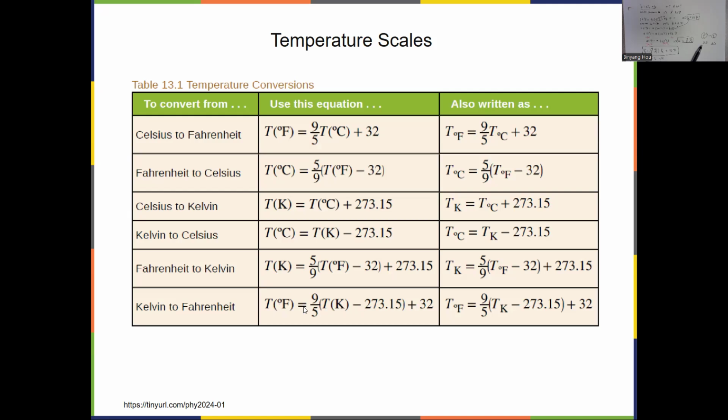You are doing Fahrenheit to Celsius first, this part, and then plus 273.15. For the other way around, Kelvin to Fahrenheit, it's basically from Kelvin to Celsius first, and then times that 9/5 right here, and then plus 32. So then you have all the equations to use to convert from one scale to another.